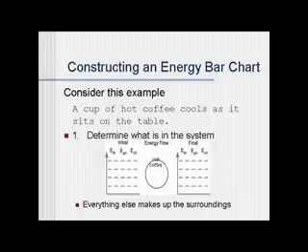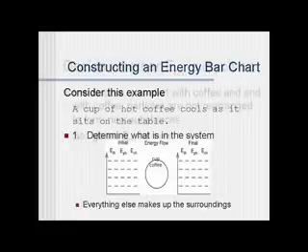And then E sub CH is chemical potential energy, and how we represent these is what we're going to go after here a bit. Now, the coffee cup in that round circle is what we say is the system, and that's what we're studying. So this is just the base of what we're going to work from.